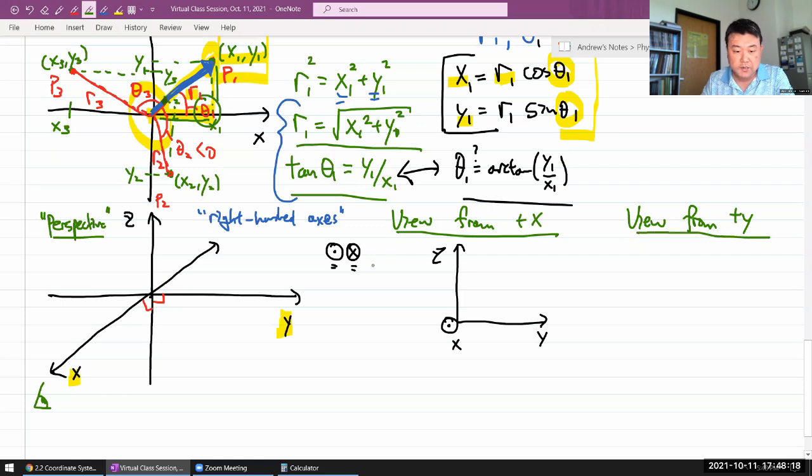When you imagine an observer here, looking down the axis, your y-axis will be coming towards you. That's how we set it up. My z-axis is still going to point upward, and my x-axis should be pointing leftward.